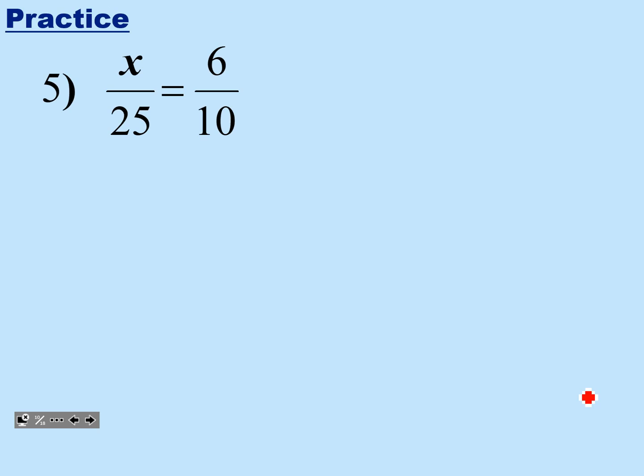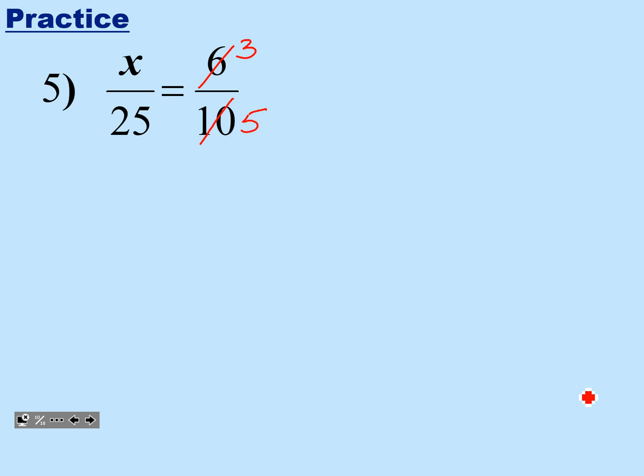Let's look at number 5. Well, looking at number 5, what I'm going to say to myself mentally is, can I simplify any of my ratios to make it easier on me? So I notice I can simplify 6 to 10. If I divide both top and bottom by 2, the 6 becomes a 3, the 10 becomes a 5.